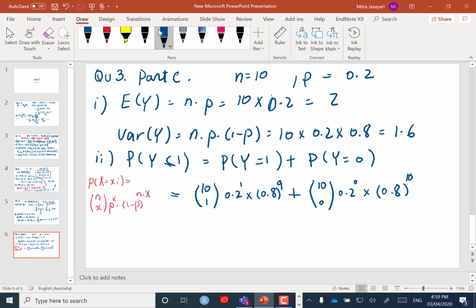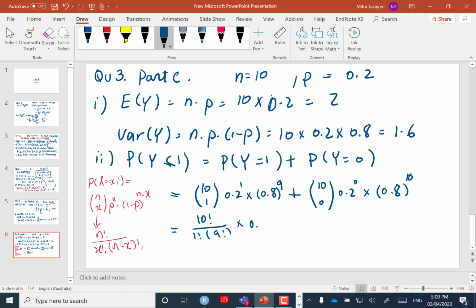So here we have 10 factorial over 1 factorial times 9 factorial, times 0.2 times 0.8 to the power 9, plus 10 factorial over 0 factorial times 10 factorial.